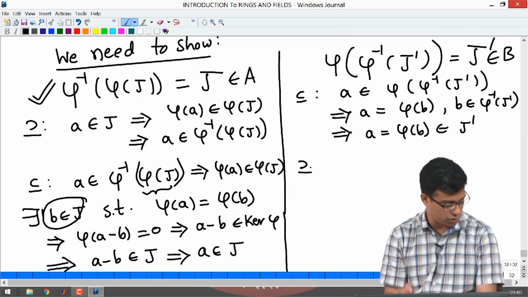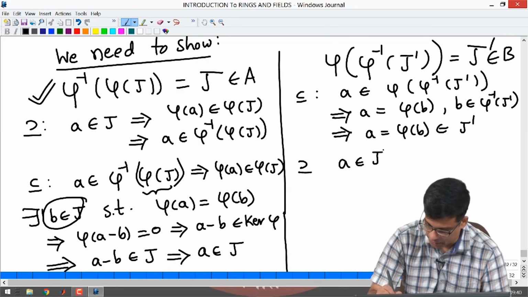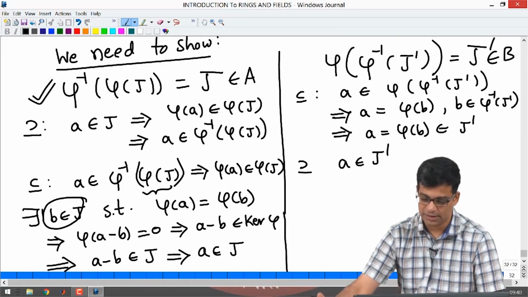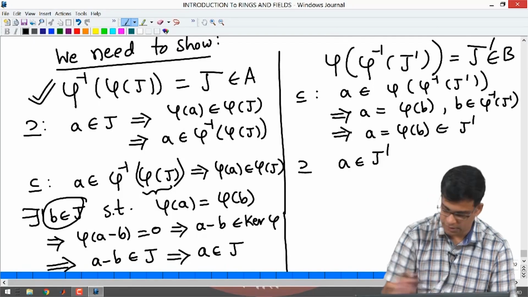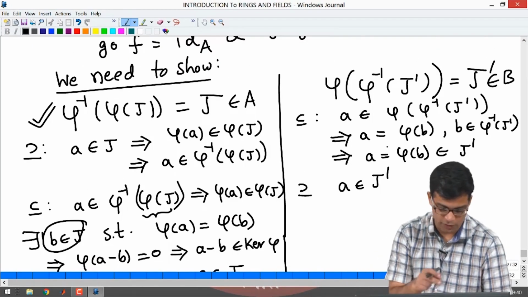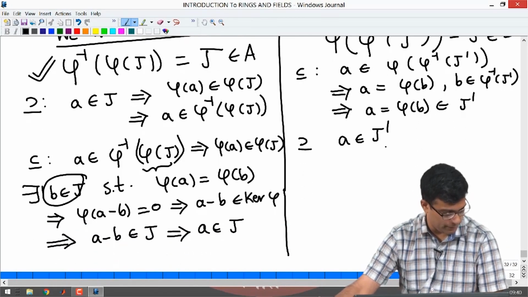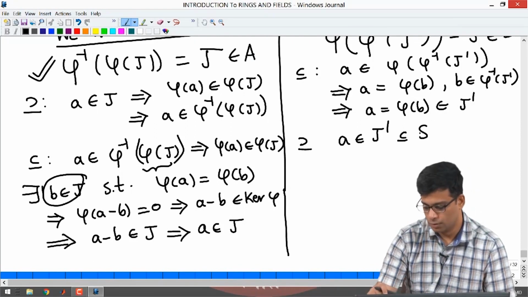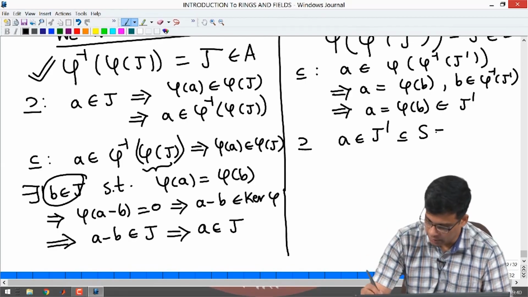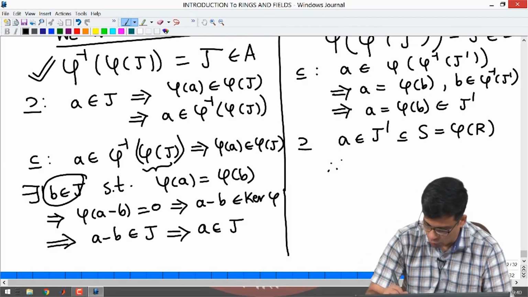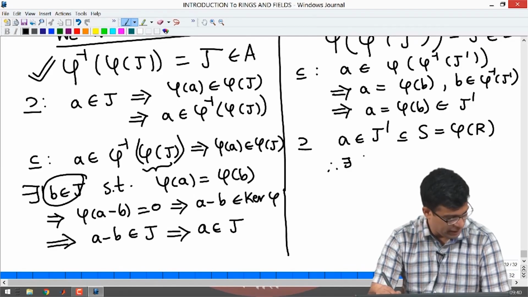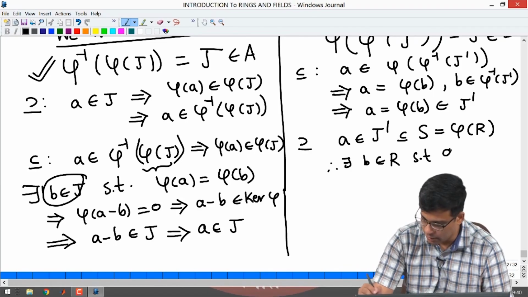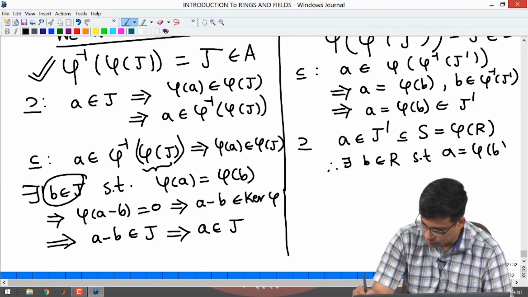Now, the opposite inclusion is also easy. Let us pick something in j prime. So, this is actually completely set theoretic, one of the equalities always holds. Okay. So, A is in J prime, that means, remember J prime is in S and S is the image of R. So, there exists B in R such that A equals phi of B, right.